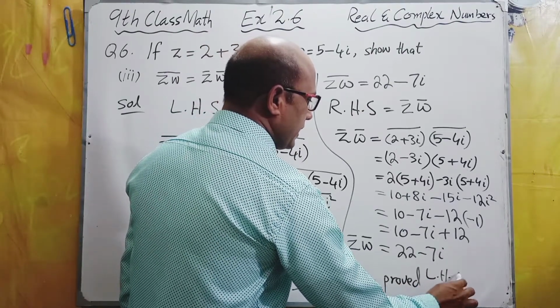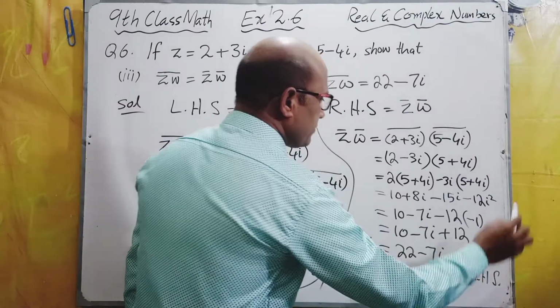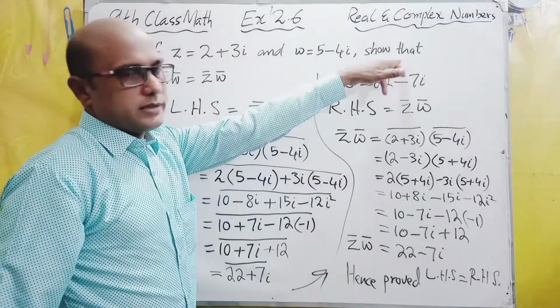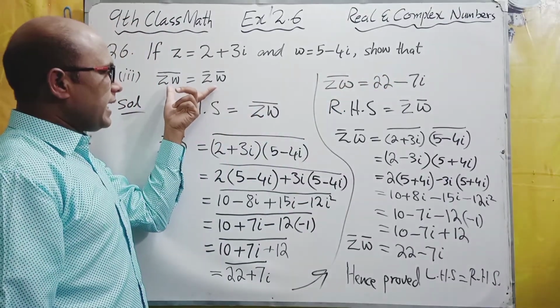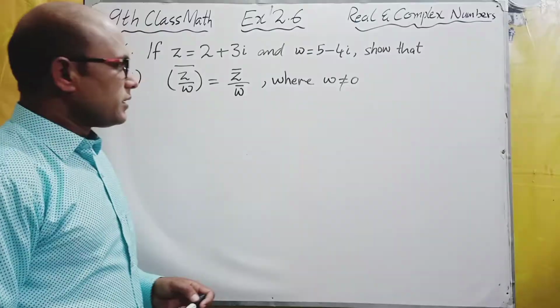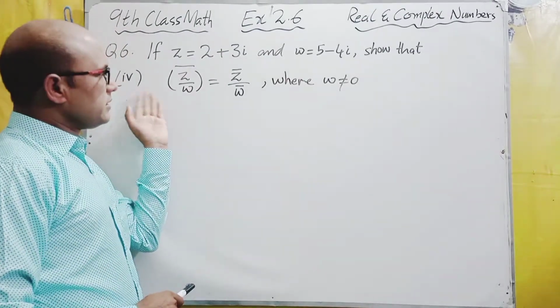Left hand side is equal to the right hand side. So this is how to show that. This is how to prove or verify that these two sides are equal. Dear students, now we'll solve the fourth part.